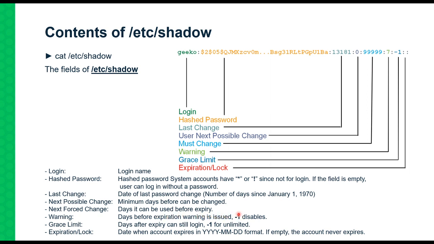If you want to have a warning, you must set the number of days, or -1 will disable the warning. Then our grace limit: the days after the expiry that the user can still log in. So even after our password has expired, do we want to give our user extra days because he didn't change it? So -1 will be unlimited days.